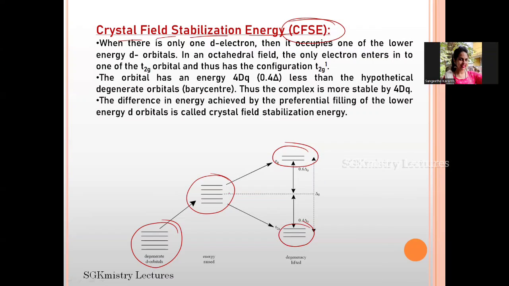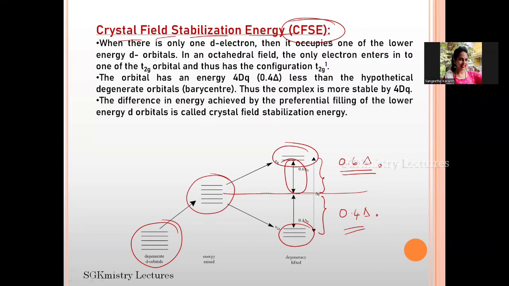EG increases in energy by 0.6 delta O, and the three orbitals forming the T2G set decrease in energy by 0.4 delta O.